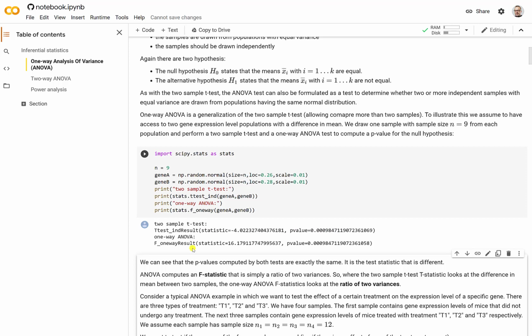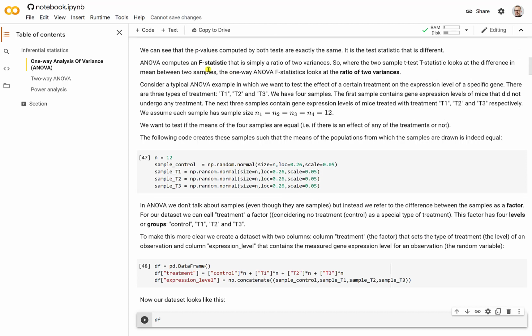For the ANOVA test, we have a different value for the statistic. That's because ANOVA doesn't use the t-statistic, it uses an f-statistic, as I will explain in a minute. But it shows the same p-value. With some rounding errors, trust me, this is exactly the same p-value, which means they end up with the same conclusions, which is normal because they're testing the same claim.